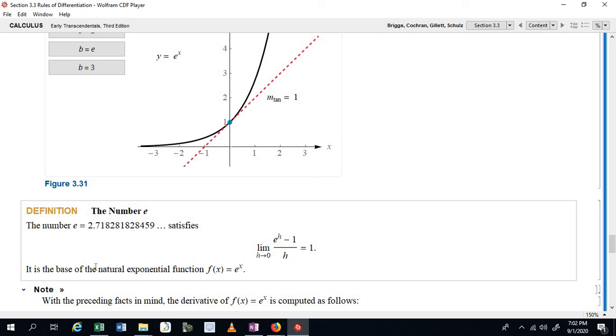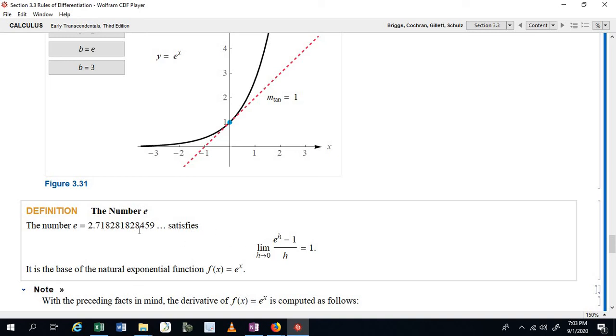But notice e is a number between 2 and 3, and it is a little closer to 3 than it is to 2. And it happens to be the number where this limit right here, as h goes to 0, of (b^h - 1)/h, equals 1 when this base here happens to be e, this number right here.